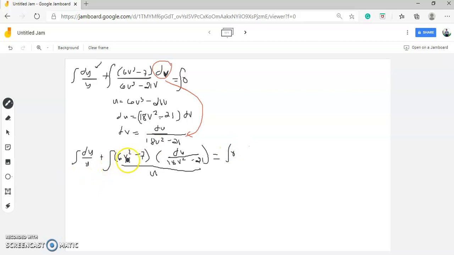From here, what can you observe? Let's simplify it further. We have dy over y plus the integral of (6v squared minus 7) over u.